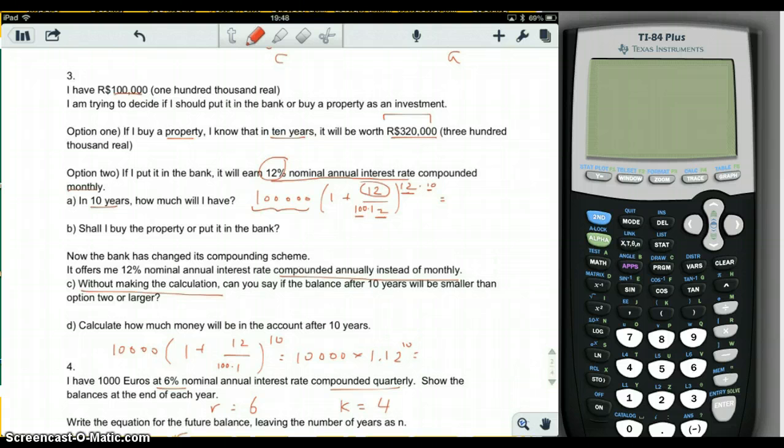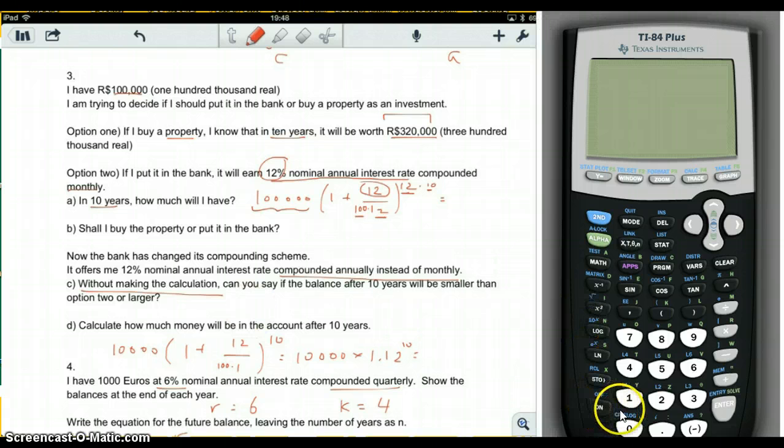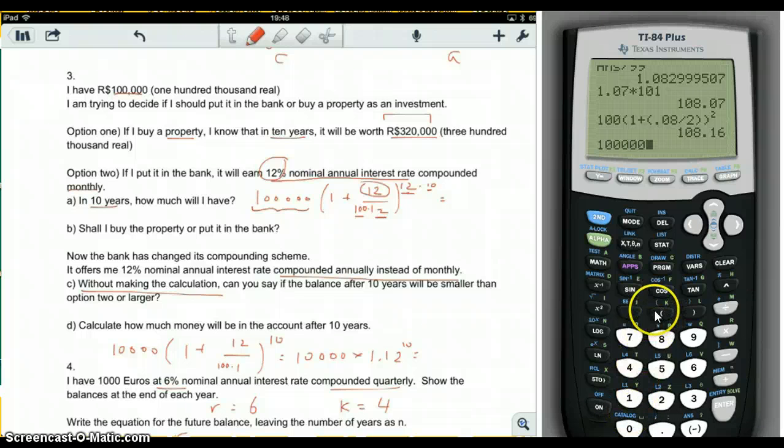So we'll multiply it out in the calculator here. Put 100,000 times 1 plus, put another parentheses, 12 divided by 100 times 12, and I'm going to put parentheses around that too. 100 times 12.